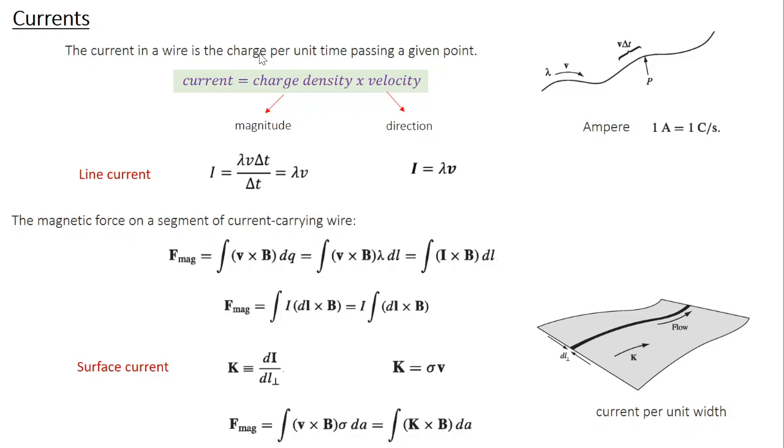But nevertheless, you can define current in general as a product of charge density and velocity. So here there are two important components. One is the magnitude of current and one is the direction. So magnitude is given by charge density and the direction is given by velocity. So from this perspective, actually the sign of the charge is arbitrary. As long as you take care of the direction, the sign doesn't matter.